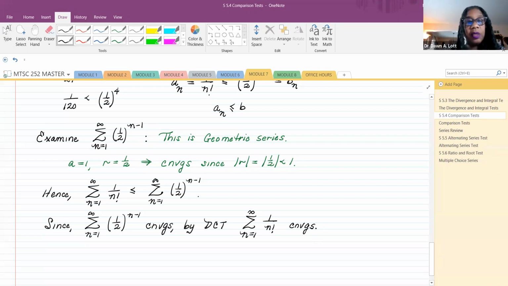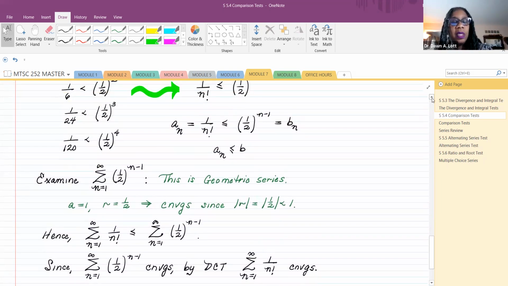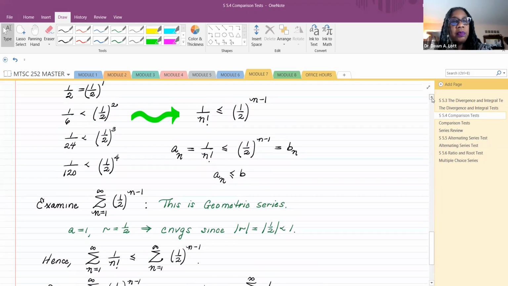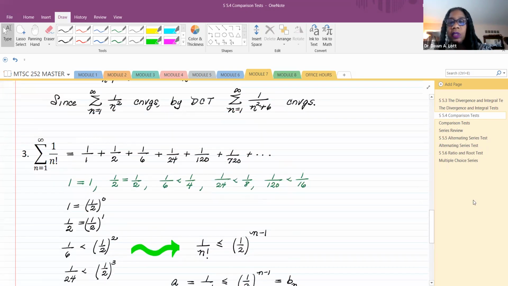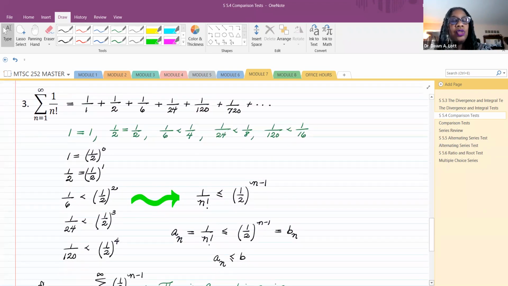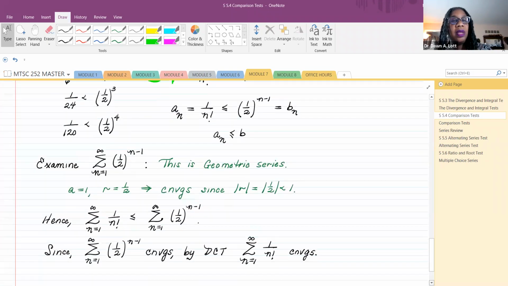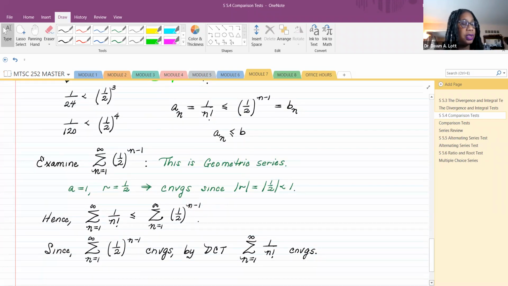Okay, so that's the direct comparison test. All right, try to get it less than something that converges or bigger than something that diverges. Okay, here was our original problem. And I took each individual term and showed it was less than the nth term for the bn series.